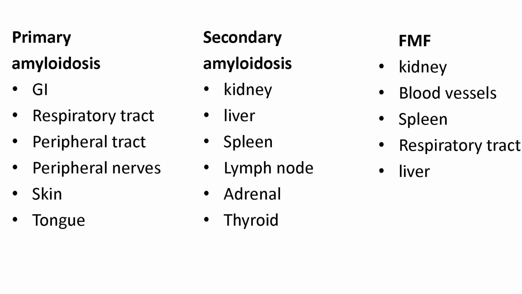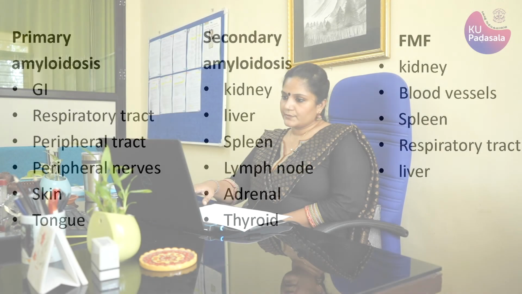In familial Mediterranean fever, the kidneys, the blood vessels, spleen, respiratory tract and the liver are affected by amyloidosis.